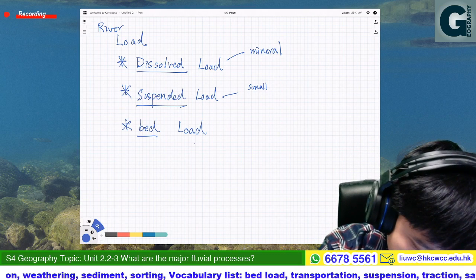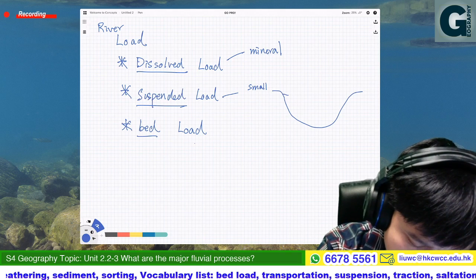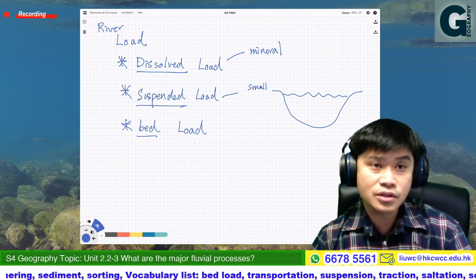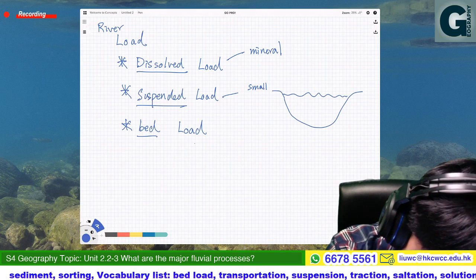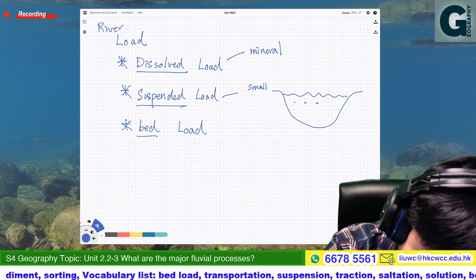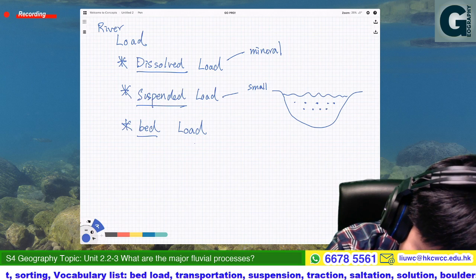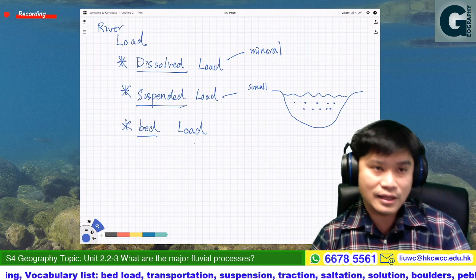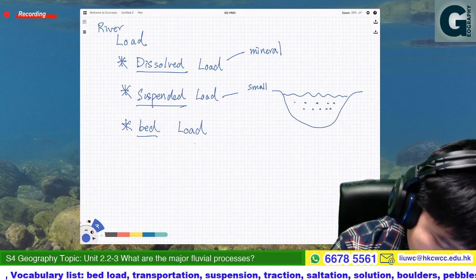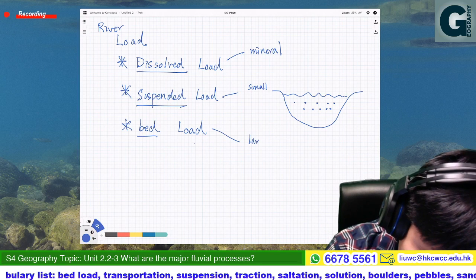If I draw the cross section of the river, suspended load means it could be suspended in the water that's flowing. And the last one, bed load, is relatively large.